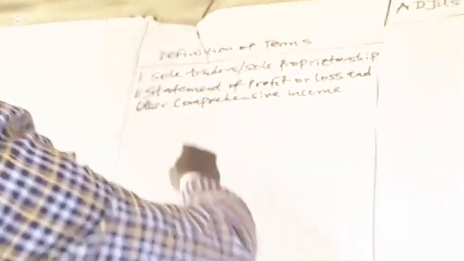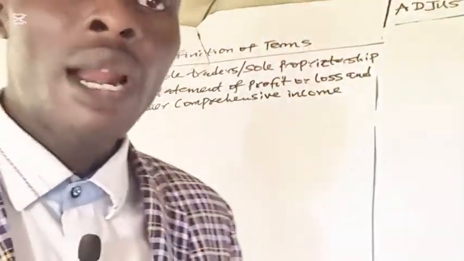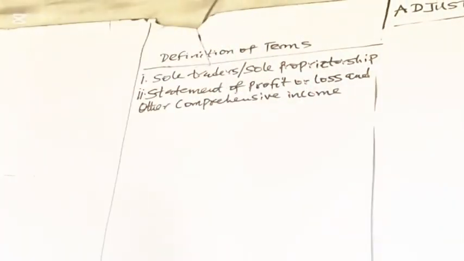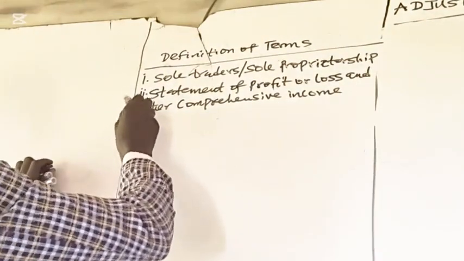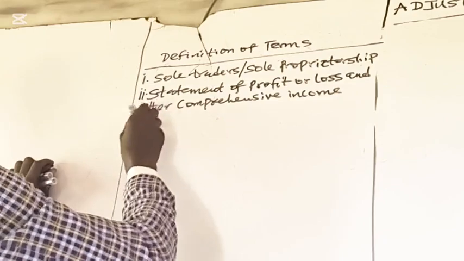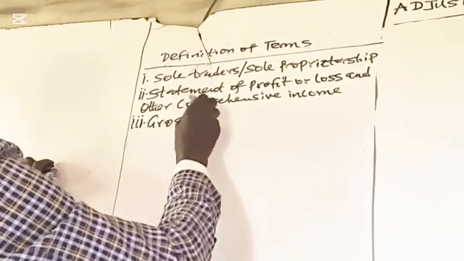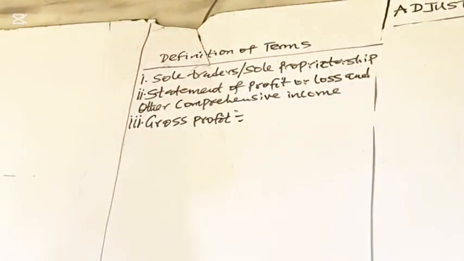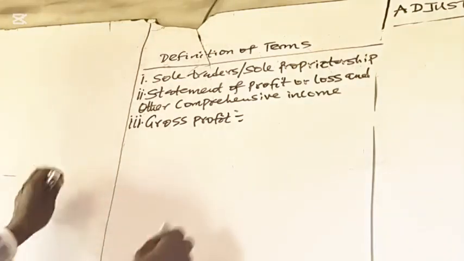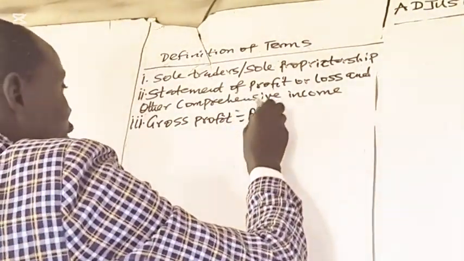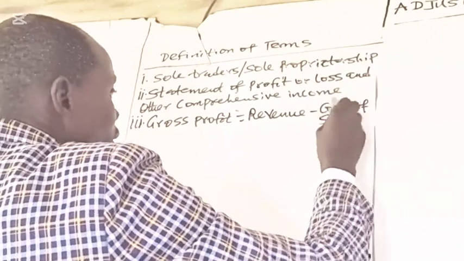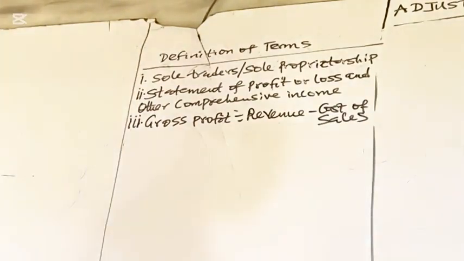So that means this financial statement is prepared in order to ascertain the profits or losses of the business. The major profit you may need to ascertain from this account is gross profit. This is the excess of revenue over cost of sales. That is, revenue minus cost of sales will give you the gross profit.